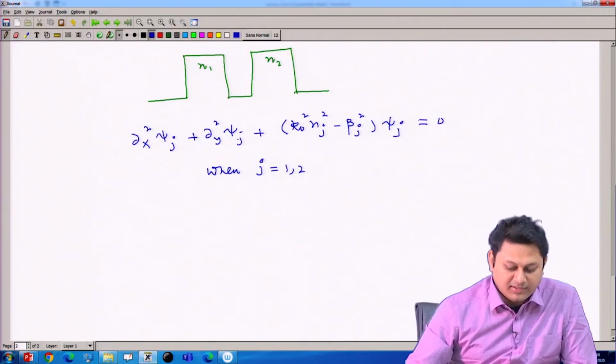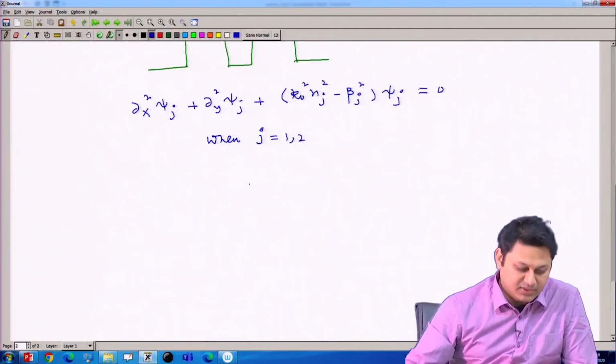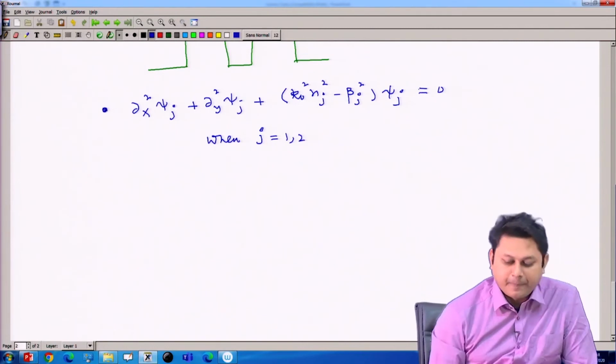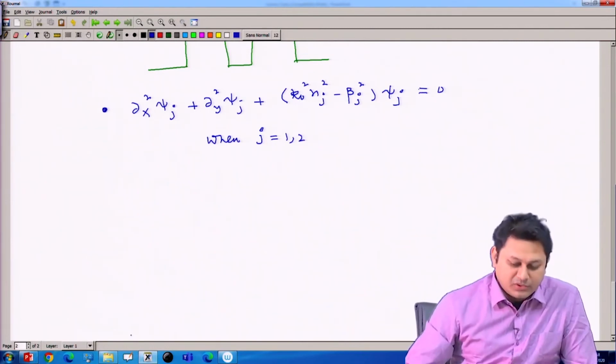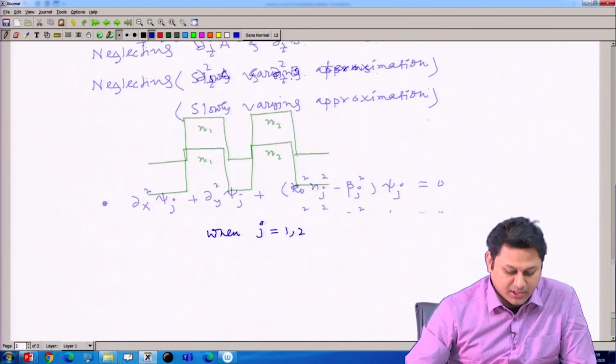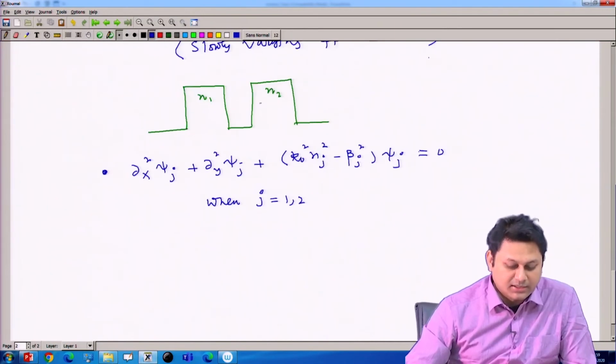So, for psi 1 and psi 2 specially I have an additional equation in my hand, and this additional equation reads like this. Now, I am going to use this equation here because I already have an almost identical form here. The only thing you should note is that this n here is the refractive index of the entire system, whereas this n1 and n2 are the refractive indices of the individual waveguides.